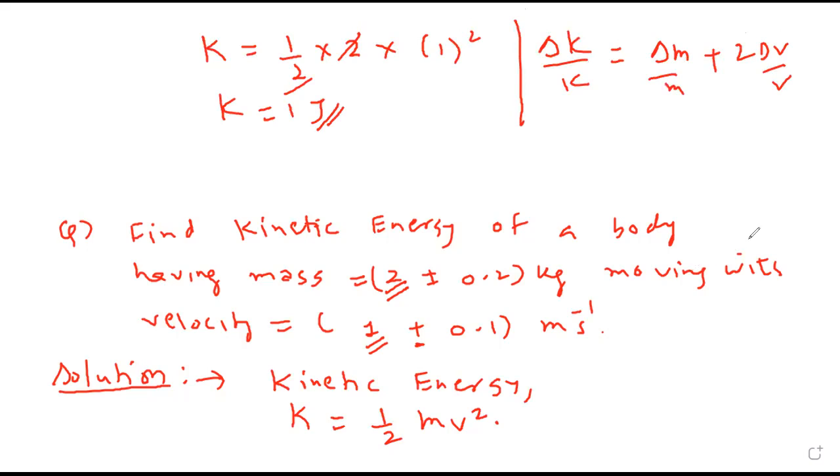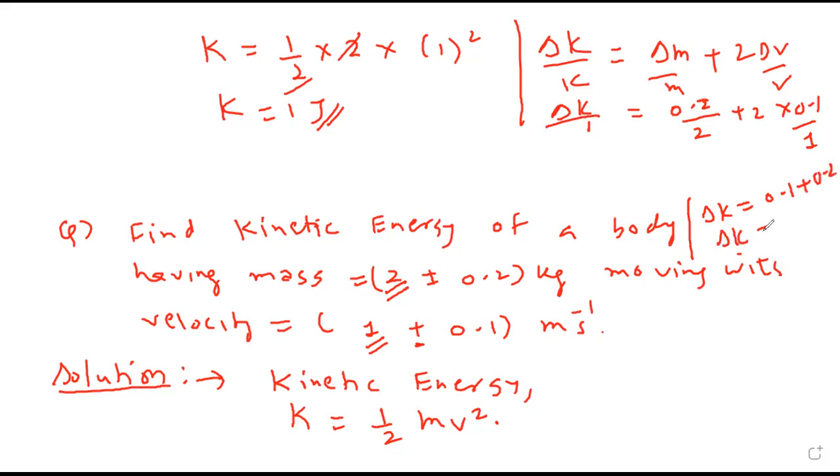Yes, sir. Now delta K upon K, delta M 0.2 upon M 2, twice of delta V is 0.1 and V is 1. So this will become delta K equals to 0.2 upon 2 is 0.1 plus 2 into this is 0.2.